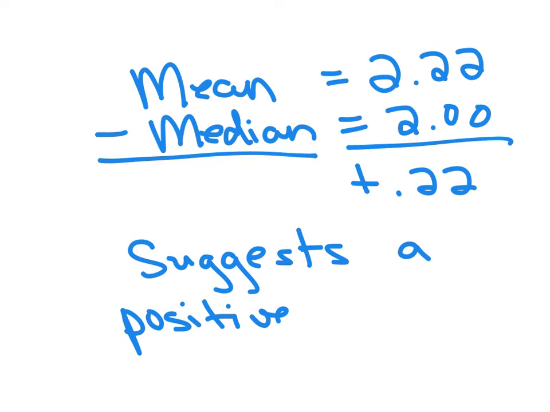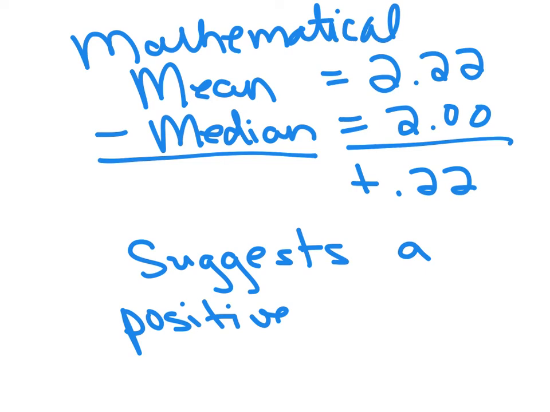Now, one other way we can kind of find out whether it truly is a positive skew is observationally. So this is mathematically describing our distribution, how it looks, and this is questions you might be asked. So we had our mathematical, and now we're going to describe this.